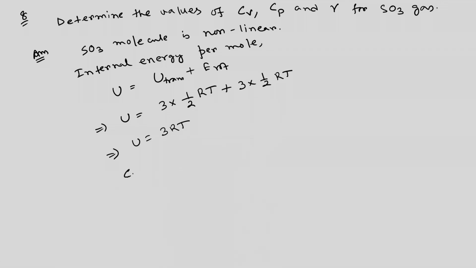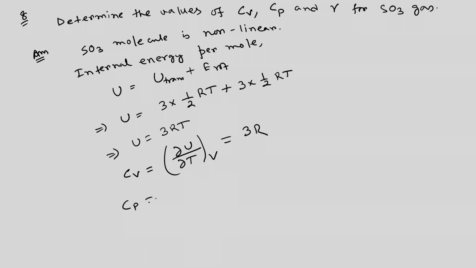So, CV is del U by del T at constant volume. So, we get 3R.